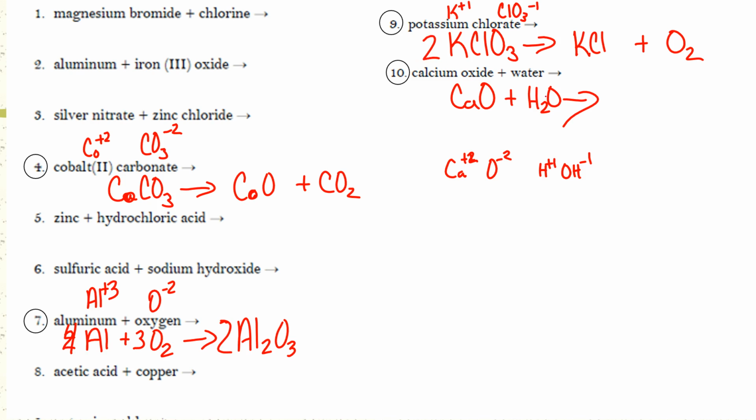If I put a 2 there, 2 there, and a 3 there, it should balance. And then the last one, calcium oxide plus water becomes calcium hydroxide. Remember that calcium is a +2 charge, hydroxide is a -1. So we end up with that.